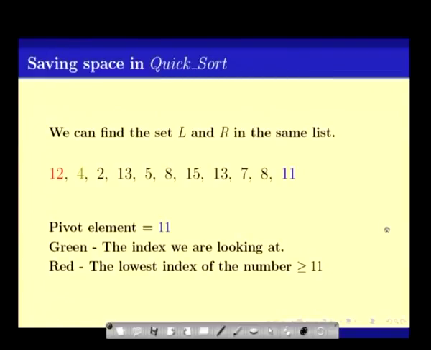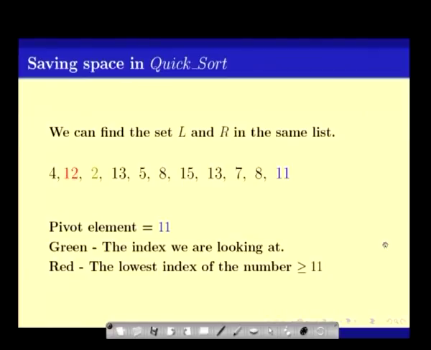Now, 4 is clearly less than 12. So, we swap 4 and 12, and while we swap, we move the green marker to the next step, which is 2, and the red marker stays here. Now, 2 is the index we are looking at, and 12, as we said, is the index of the smallest number greater than 11.